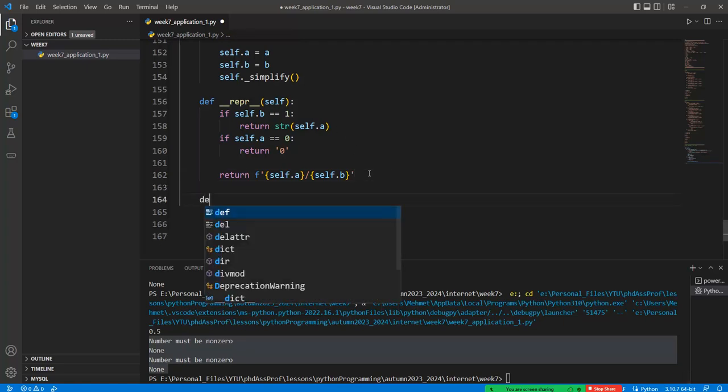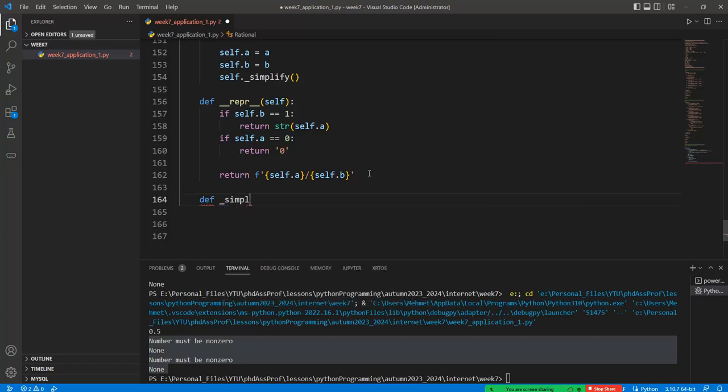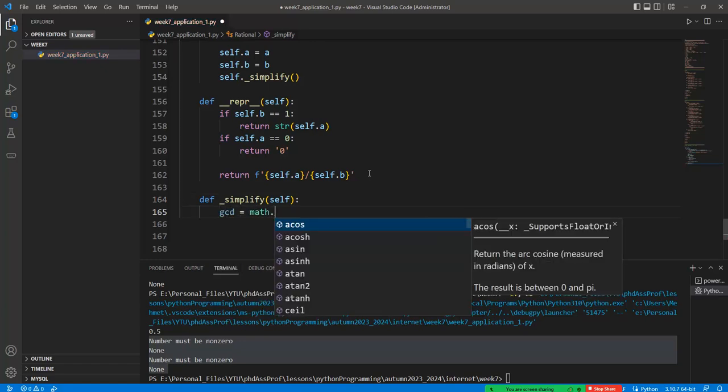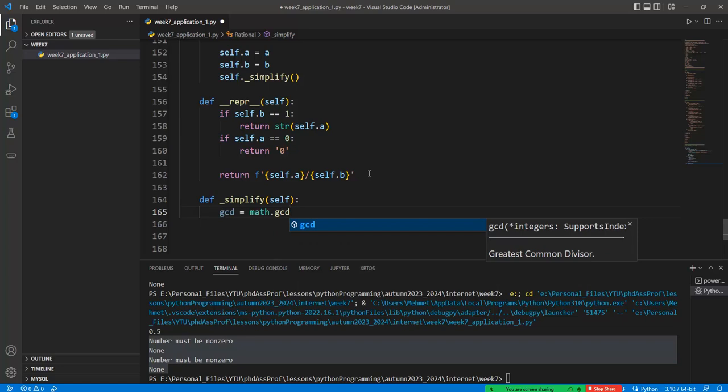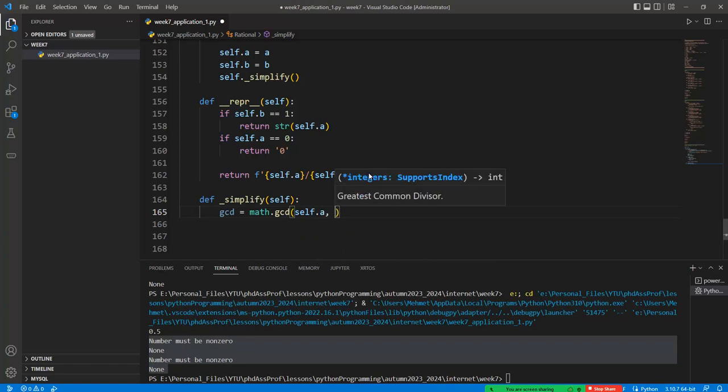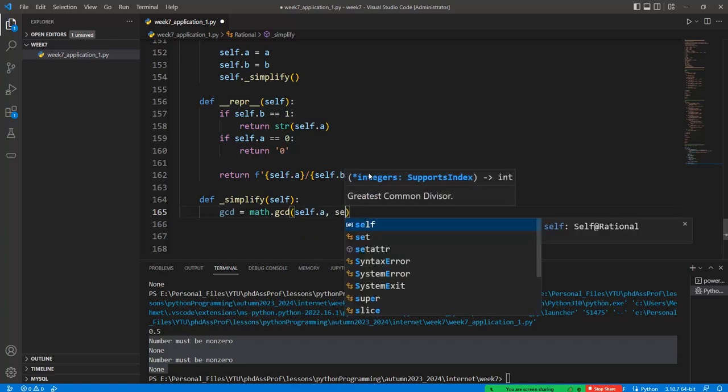But in order to simplify our code, we can use this code: self, gcd is the math gcd, the greatest common divisor, which means that we have the simplest form of the rational number.